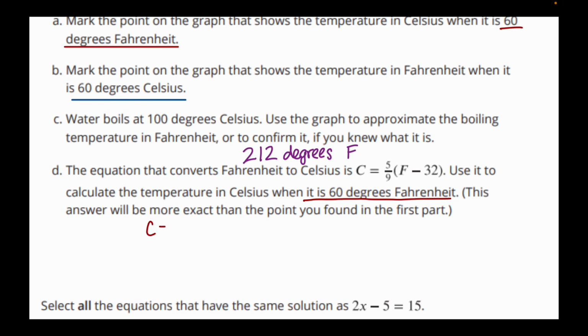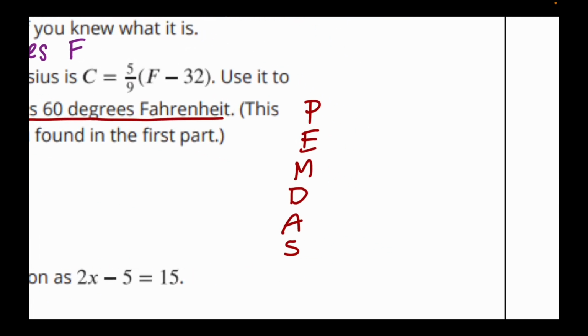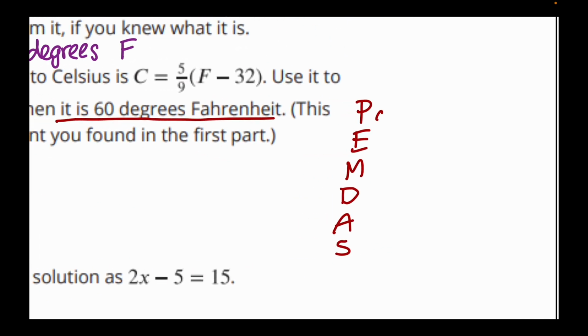So C equals 5/9 times 60 minus 32. So order of operations, or PEMDAS, this tells us what order we can do everything in. So just as a refresher, P is parentheses. Probably spelled that wrong.